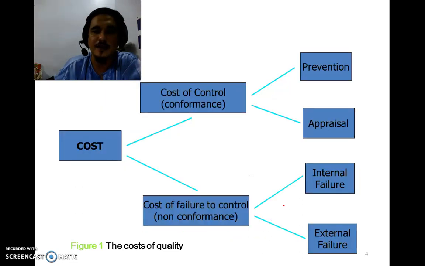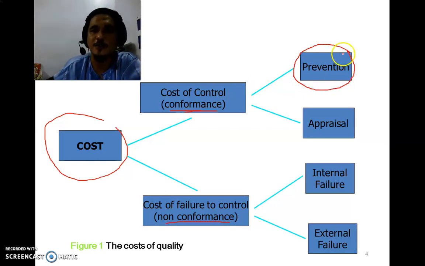Then in terms of what we can summarize, the cost can be divided into two categories, which are conformant and non-conformant. Conformant is prevention, what I mentioned earlier, and prevention costs relate with the cost of breakdown. Appraisal costs are under the category of conformant cost, which relates with the testing and inspection.